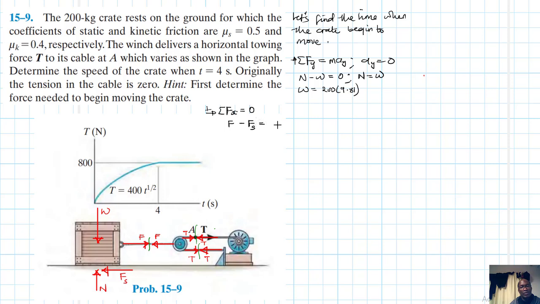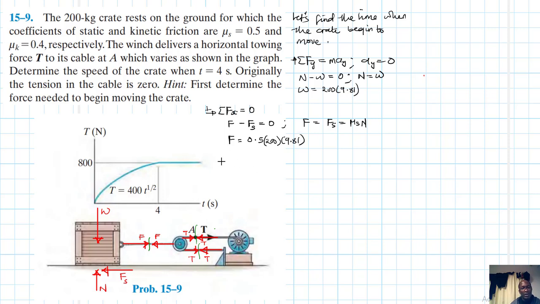And therefore our Fs is just equal to mu_s N, and our F is equal to 0.5 times N, and we just found N already. It's just 200 times 9.81.